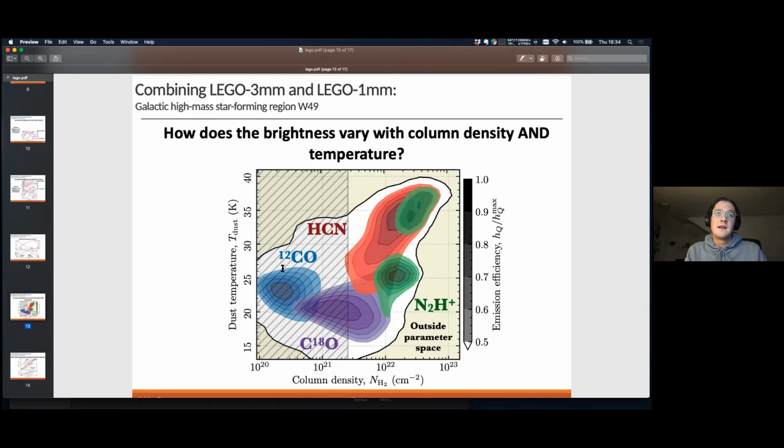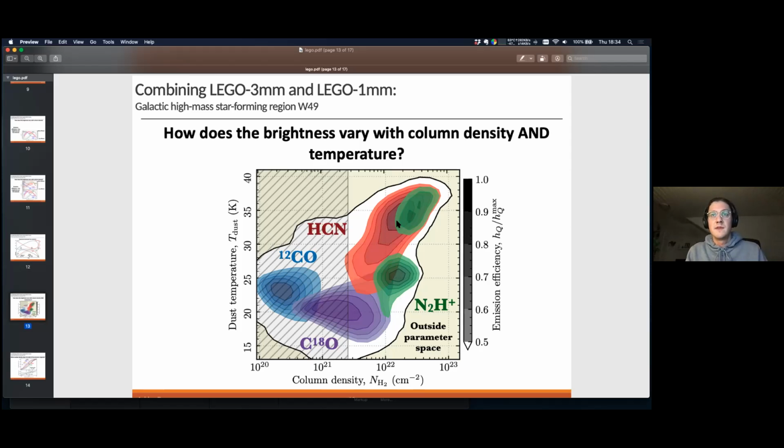You can see again that the CO is on the low end, and we have a shaded region here because of various uncertainties with the column density, particularly on the low end. Nonetheless, we see that the CO is peaking on that low end, as we saw before, with C18O in the intermediate range.